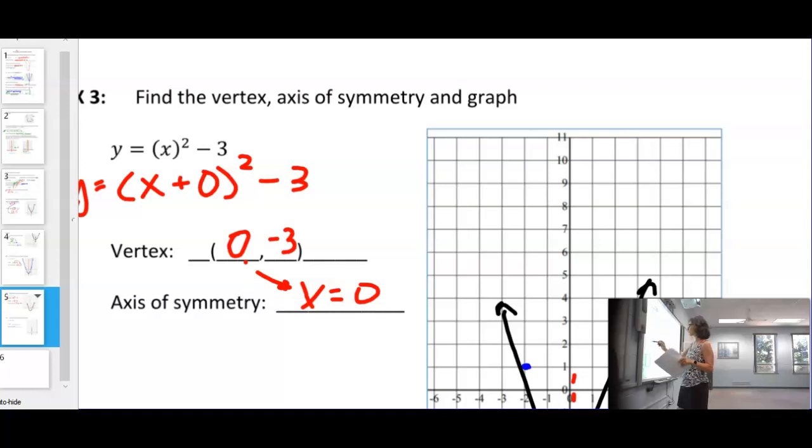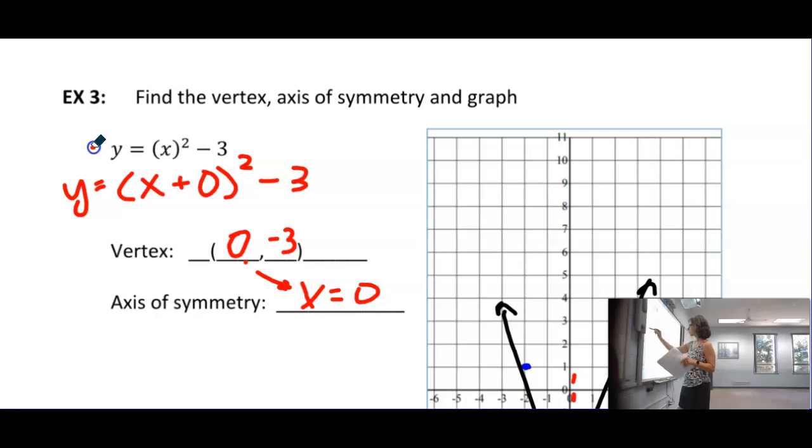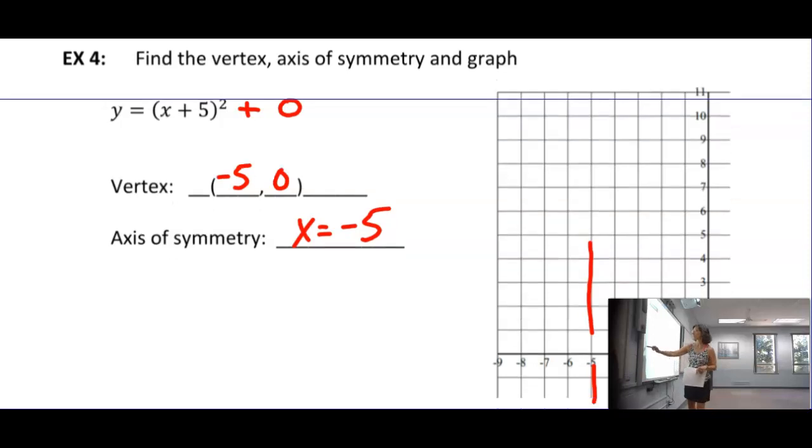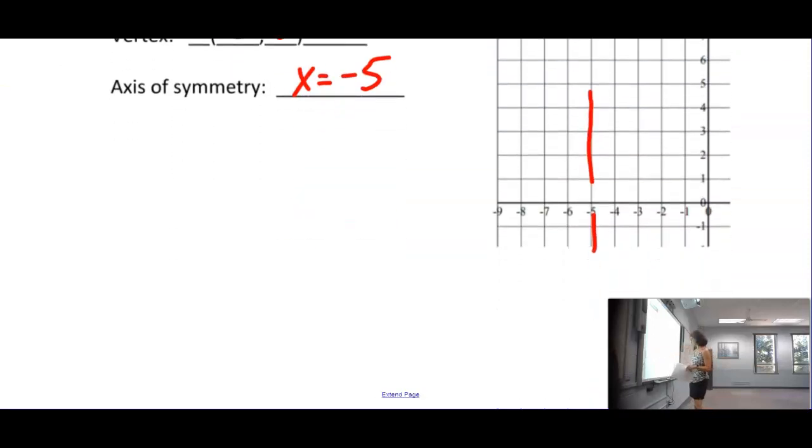Oh, it's down further. Okay. So x squared plus 5, what's being added to that? Nothing, right? So it's going to be a 0. So what's my x value going to be here? -5, 0. What's my axis of symmetry? X equals -5. Fantastic.